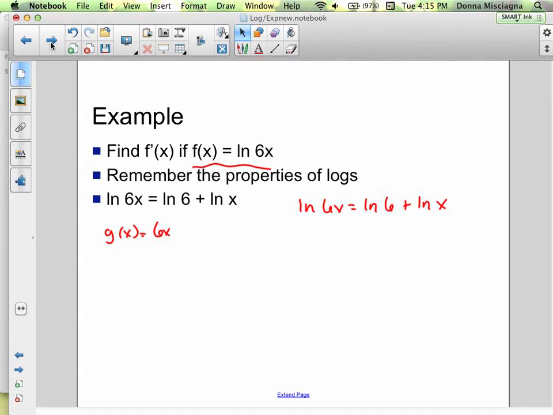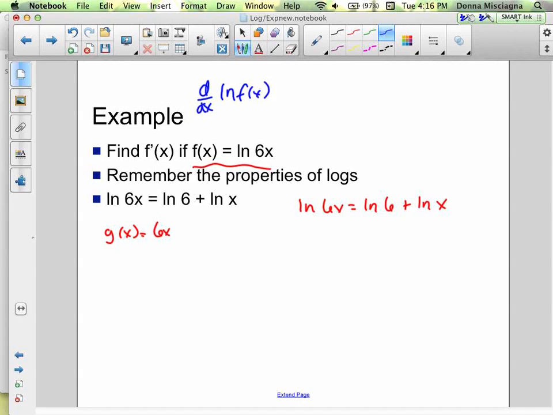All right. So here I'm going to use our first rule. I'm just going to take the derivative, right? And remember the derivative for the natural log of x, when we've got something other than just an x, is going to be g prime of x over g of x.